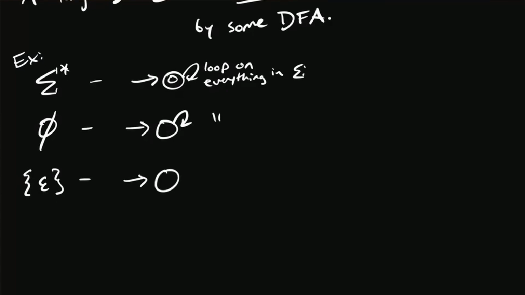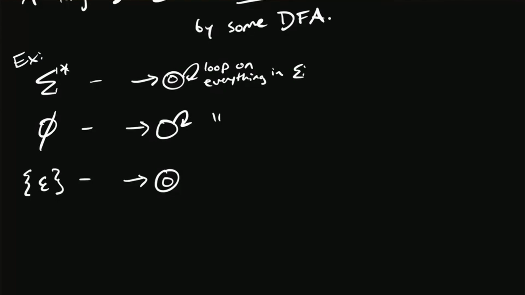Does it have to be accepting? Yeah. How would I get the empty string if the start state is not final? So the start state has to be final. Remember, we're only accepting the empty string and not accepting all of the other strings.